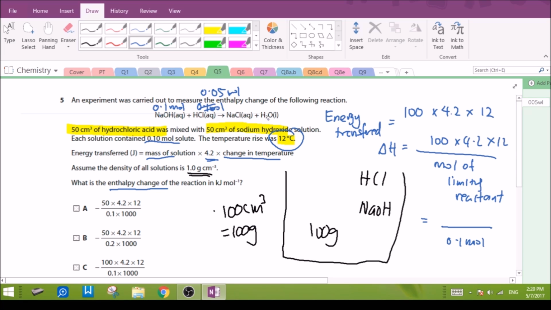We have to divide the energy transferred over 0.05 moles, right? Based on the moles of your limiting reactant. However, for this question, both were 0.1 moles, so it doesn't matter which numbers we use.